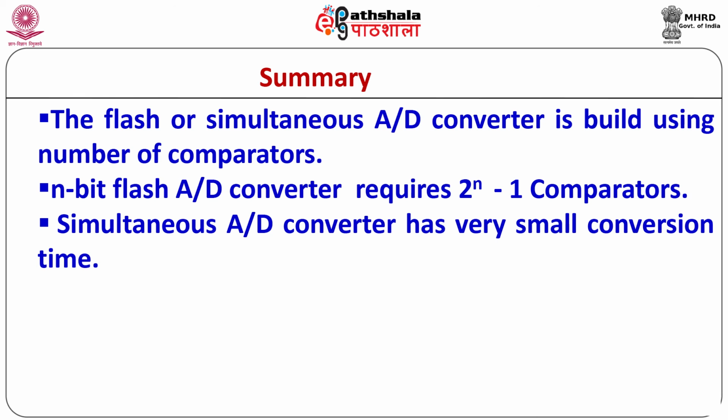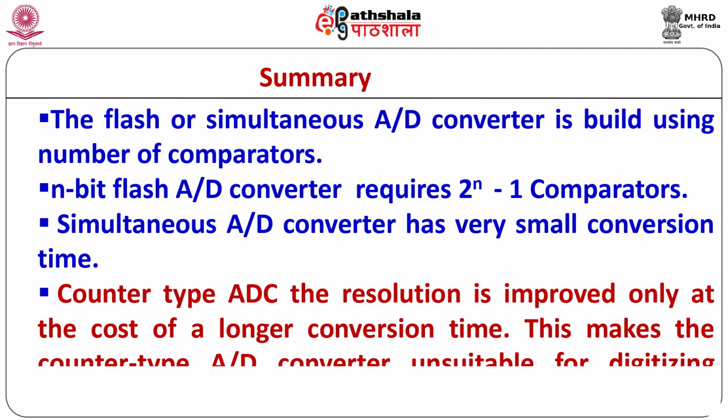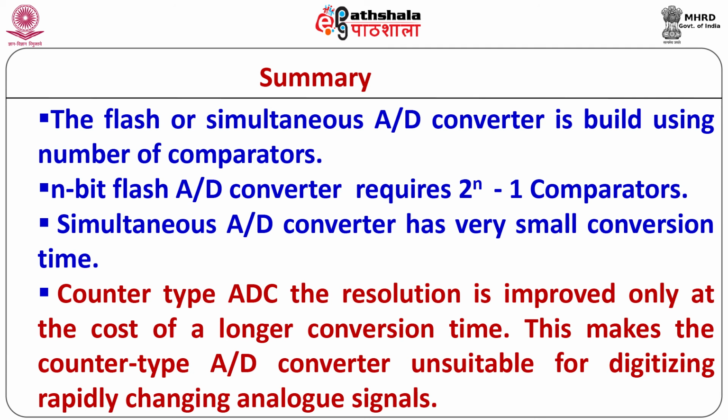This method hence is not suitable for converting analog signal to digital form with higher resolution, and hence the counter type method of ADC was developed, which uses a variable reference voltage as one input to the comparator and the analog voltage which we want to convert to digital form as the other input.